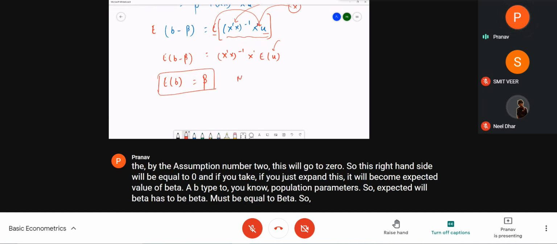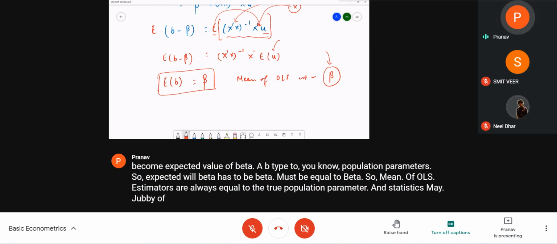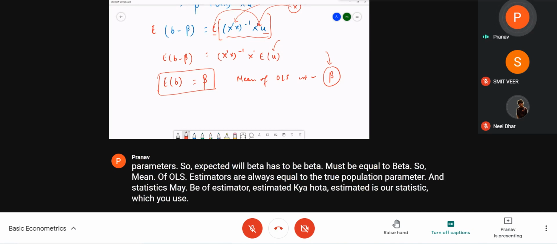So mean of OLS estimators are always equal to the true population parameter. And in statistics, whenever you talk about an estimator, what is it? Estimator is a statistic which you use to talk about the population parameter. It's like sample mean.